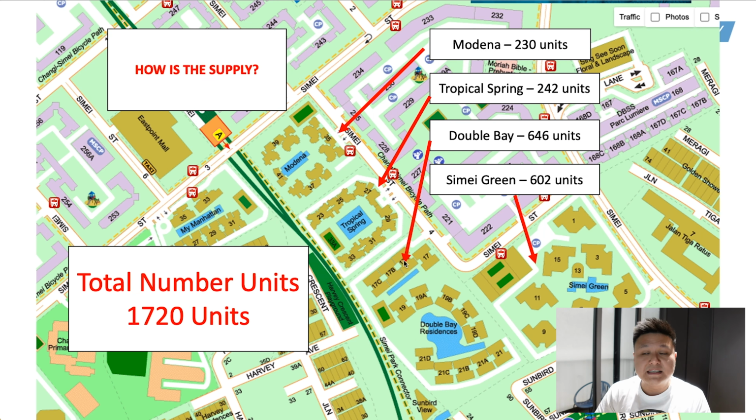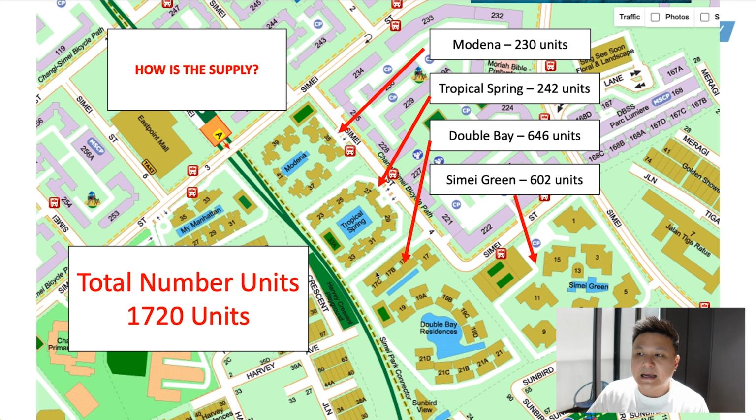So we go a little bit further down, we just want to understand how is the supply in this Simei area, right? So if we look at it, Modena actually has 230 units, Tropical Spring actually has 242 units, Double Bay has actually 646 units, and Simei Green has 602 units. So during the time when My Manhattan is launched, we need to understand how many projects are there and what are the number of units.